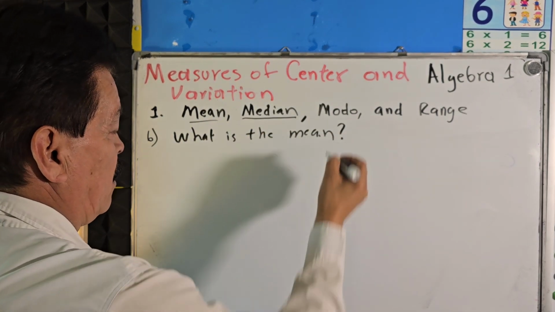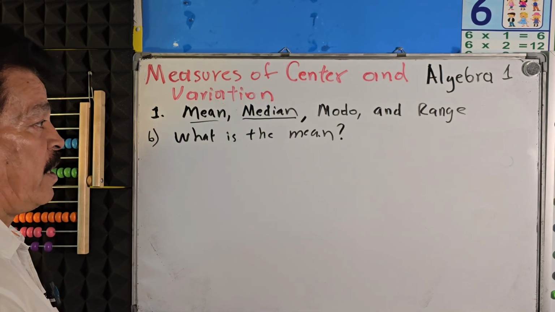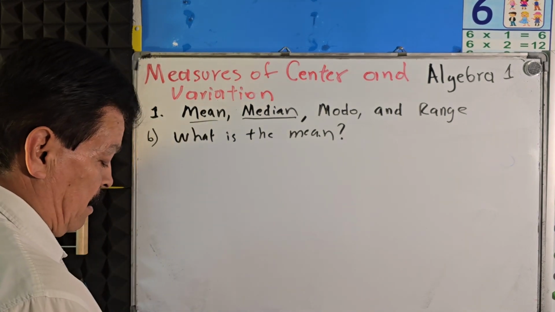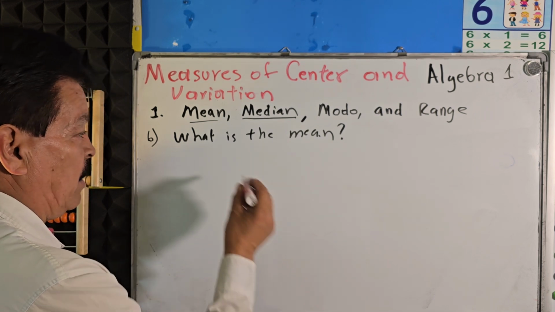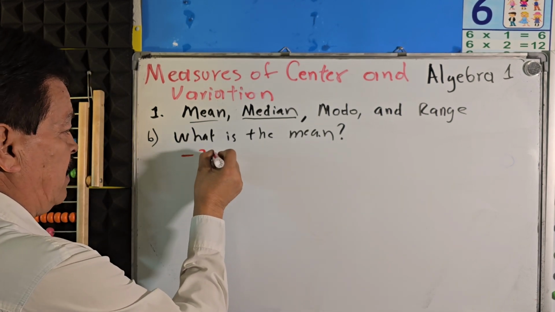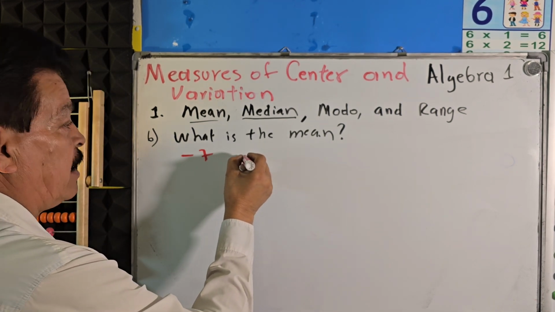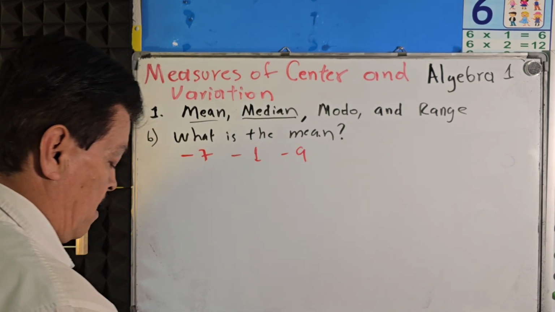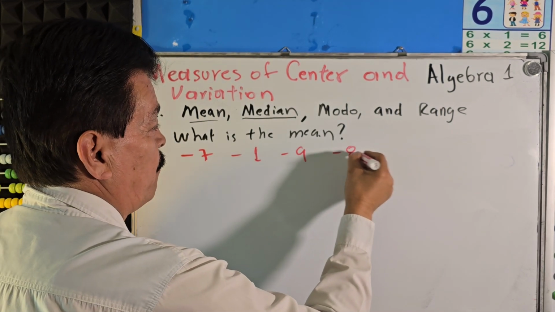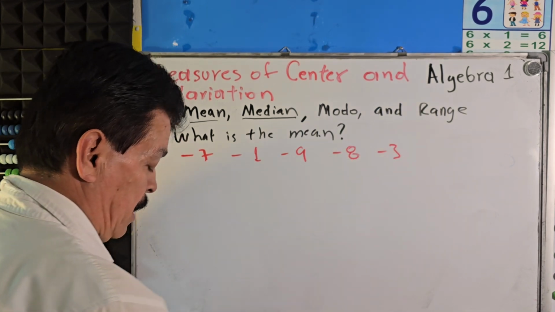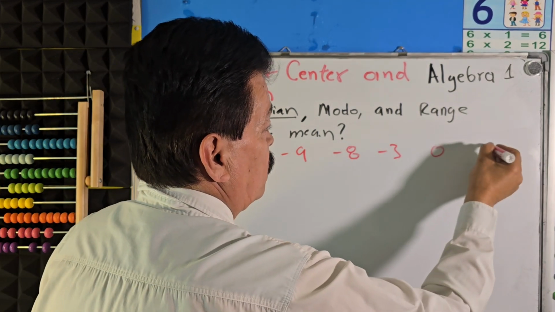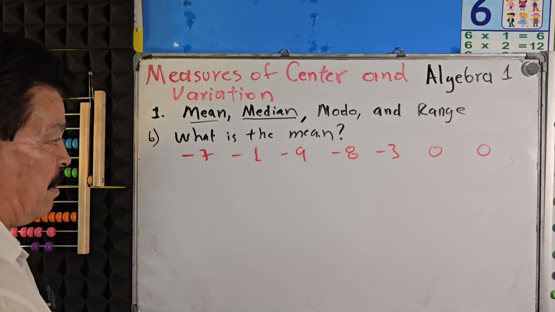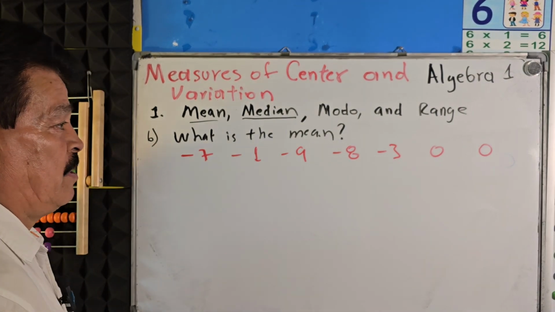To show you what I mean by this measure of center, I will write these numbers: -7, -1, -9, -8, -3, 0, 0. Let's write the concept.